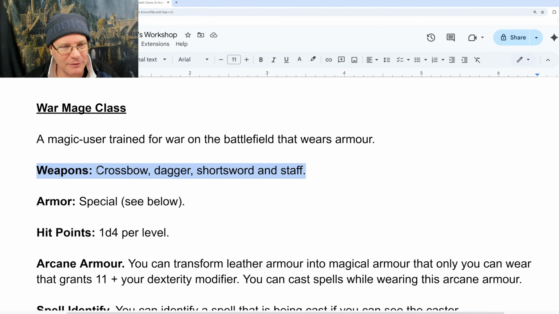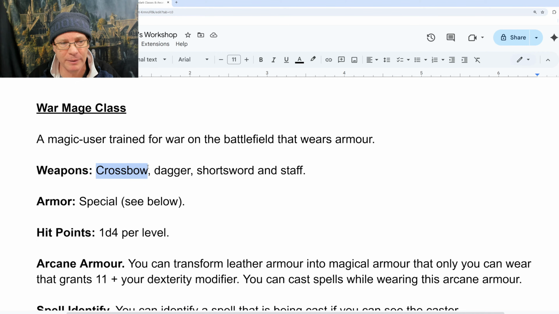And the issue is, if they're going to run out of spells, what are the weapons that you would normally use? It is the crossbow. The reason being a crossbow requires very little training. It's about 3 to 4 months worth of training to be effective with a crossbow. So a War Mage could probably take part in that training.